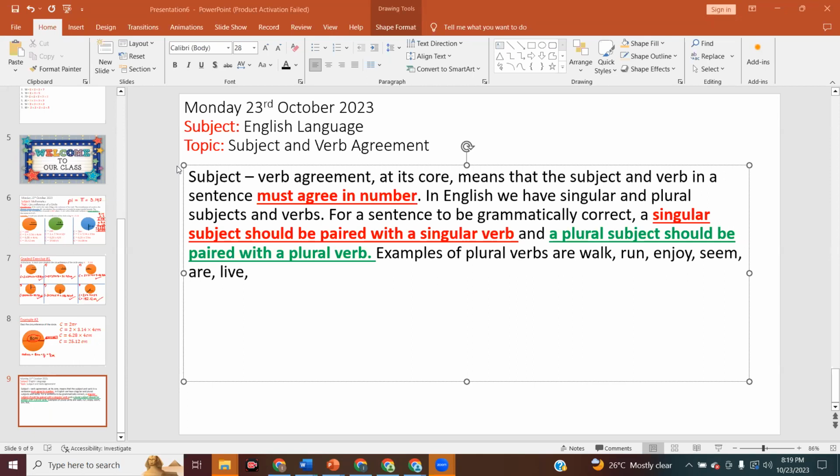So walk, run, enjoy, seem, are, live, do. All right. What else? Have. Sing, S-I-N-G. Yeah, sing. That's a plural verb.